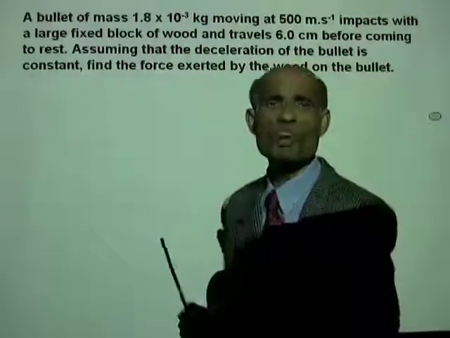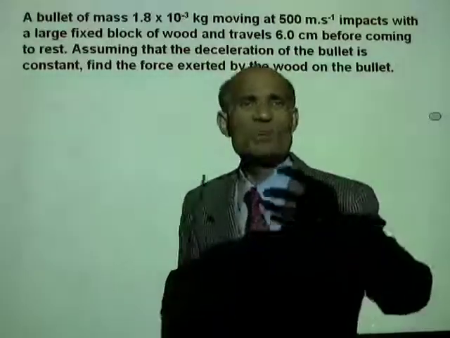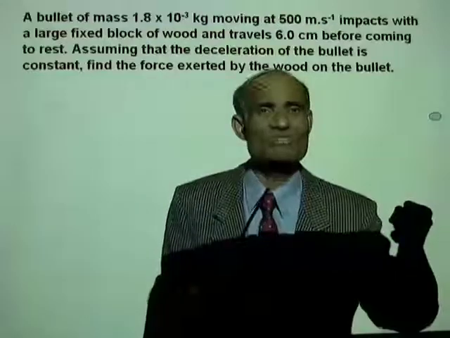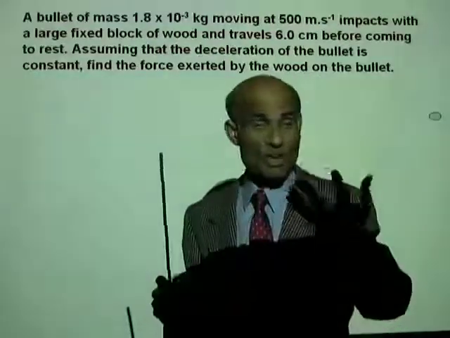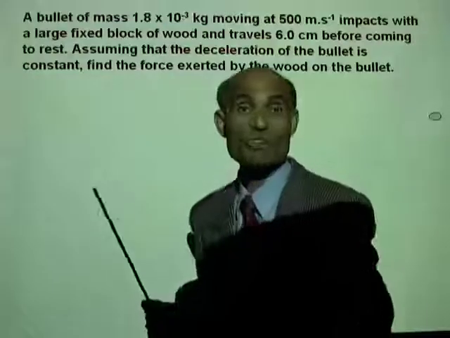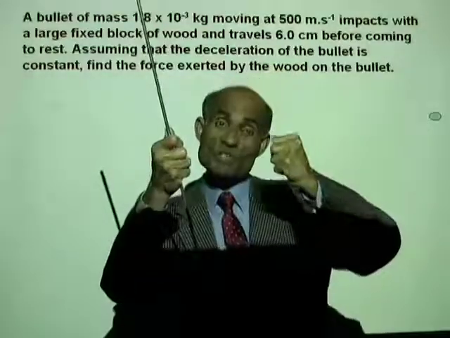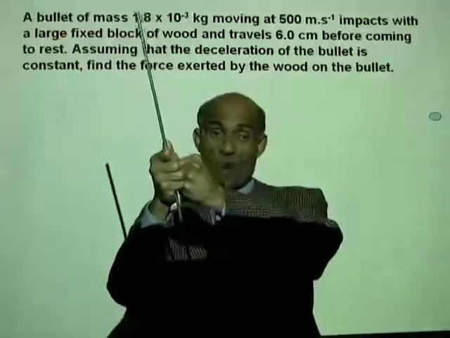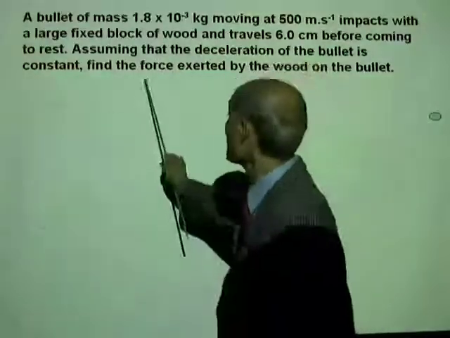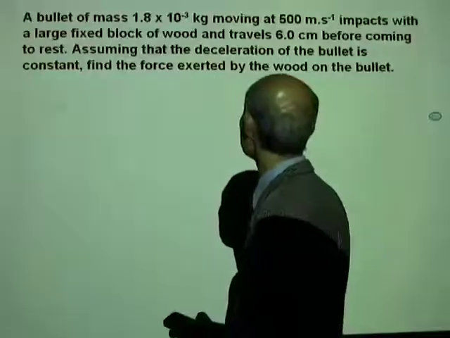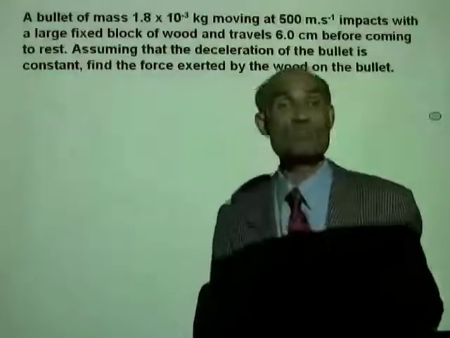Well, I use the word deceleration because it is a negative acceleration. I should have actually used the word acceleration because acceleration can be positive or negative. The bullet is brought to a stop, means the acceleration is negative. And find the force exerted by the wood on the bullet.